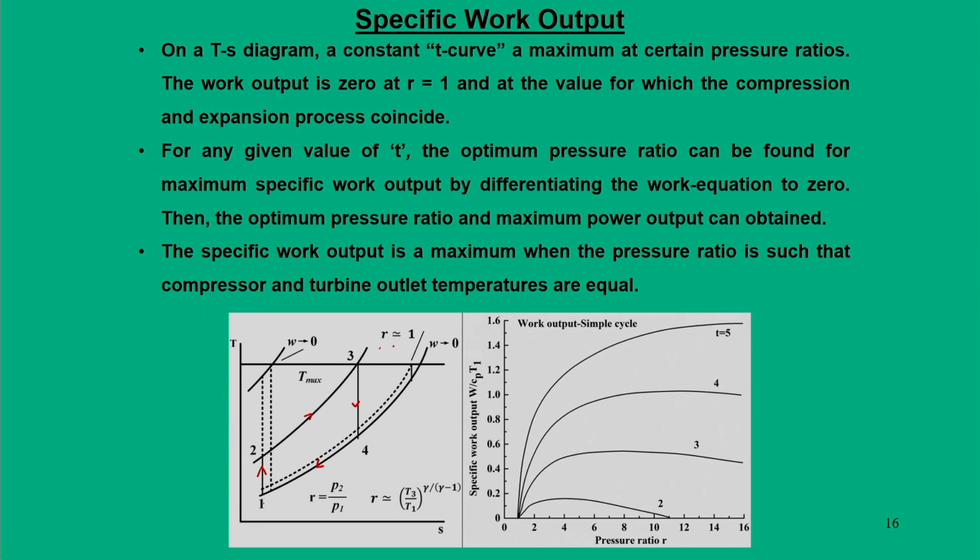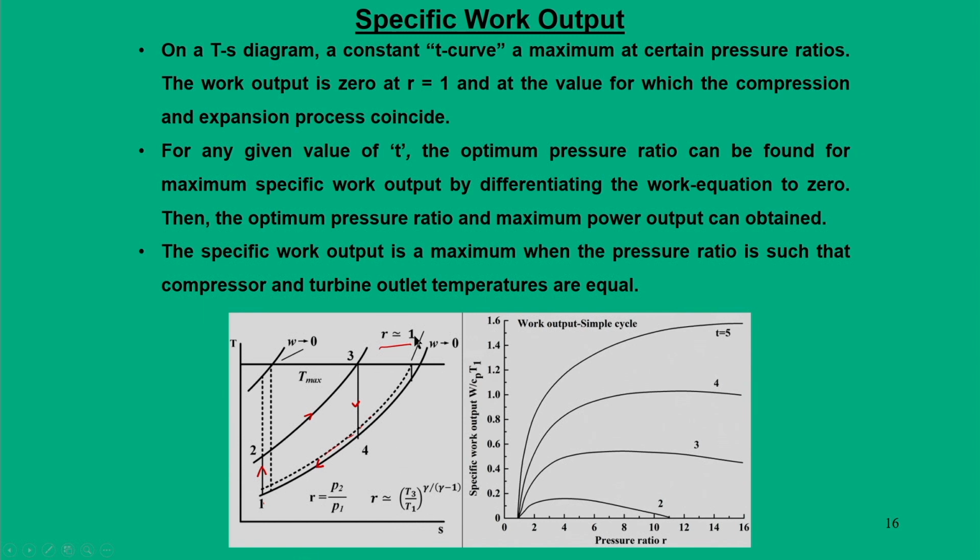When R is equal to 1, that means P2 is equal to P1. So, if you can see this dotted line, the expansion process in the turbine as well as in the compressor are very close to each other. So, obviously, there will be no work output. This becomes an unrealistic situation, so why should we go for R is equal to 1.